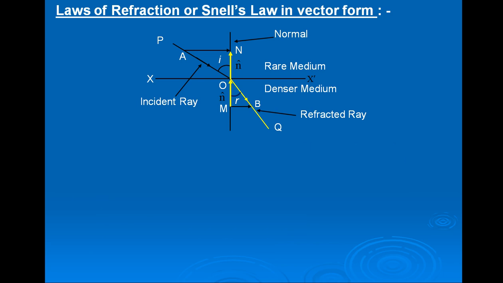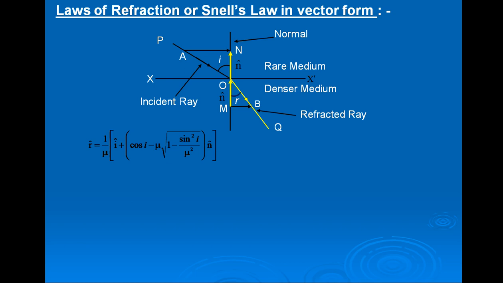We get r cap is equal to 1 upon mu, within the square bracket, i cap plus, within the small bracket, cos i minus mu into under root 1 minus sin square i upon mu square, into n cap.